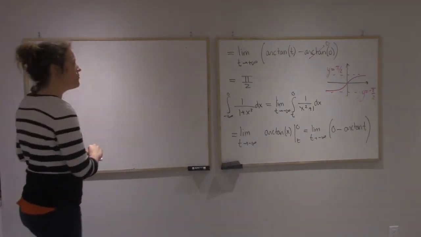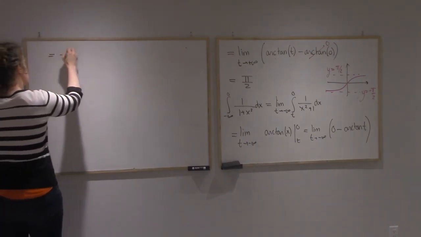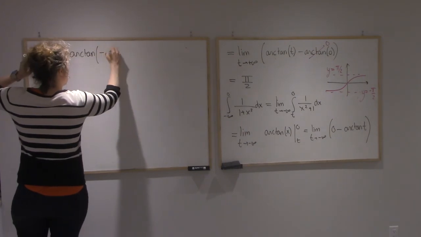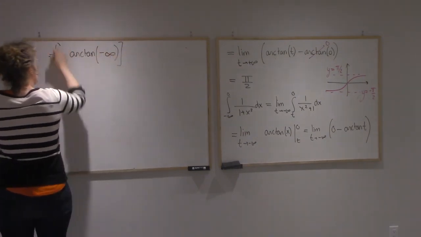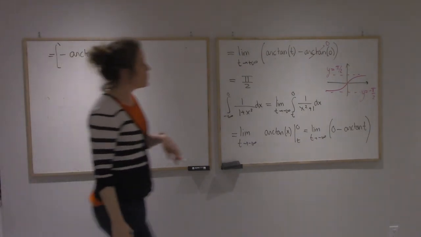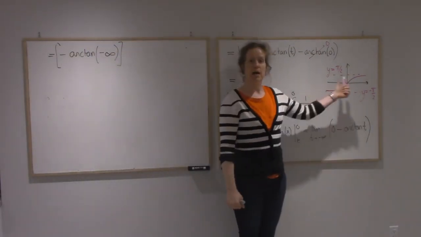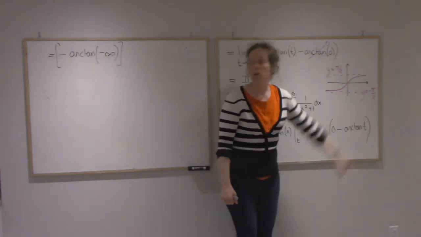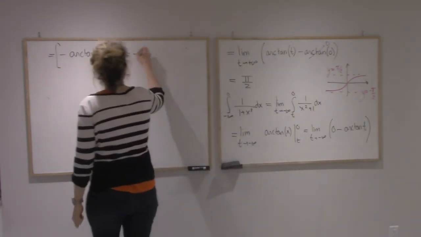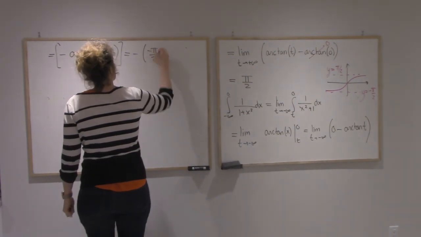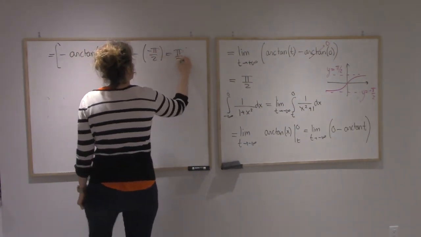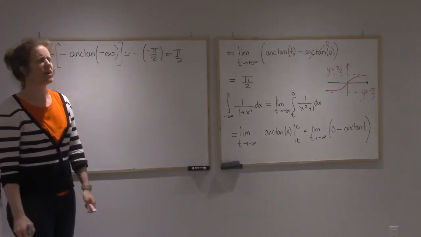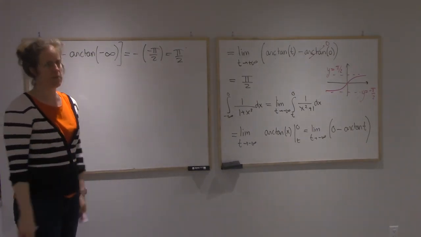Now if I plug in minus infinity, I'll get minus arctan of minus infinity. Let me put brackets around it. And now I'm going on this side of the graph. So if I'm going to minus infinity, the height is going to minus pi over 2. So this would be minus pi over 2, which ends up being pi over 2 as well. So both halves of this integral give me pi over 2.